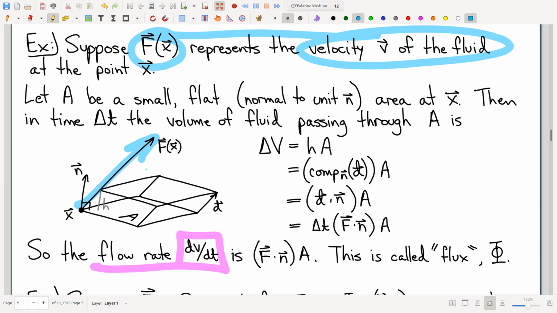Now, here's an example where you may have even seen this discussed, and that is rivers. There's a couple different ways to describe the flow of water in a river. You can talk about how fast the water is flowing. That's a velocity, right? That would be what the vector field is representing. And the vector field is representing, at any given point, what is the velocity of the water at that location?